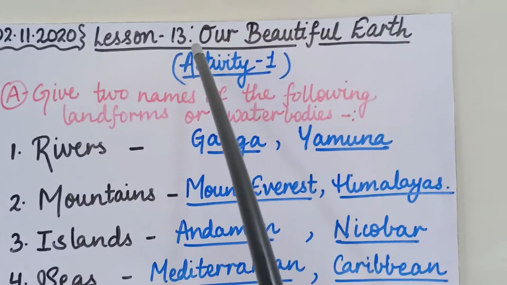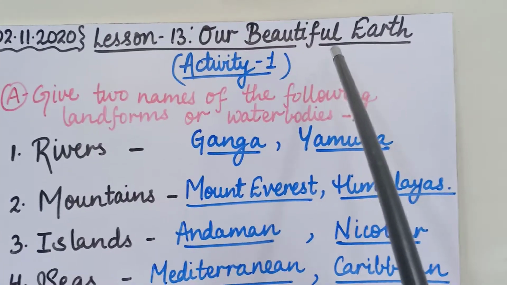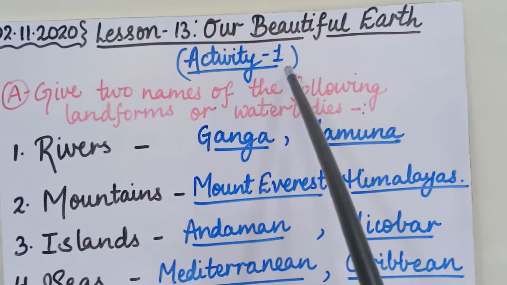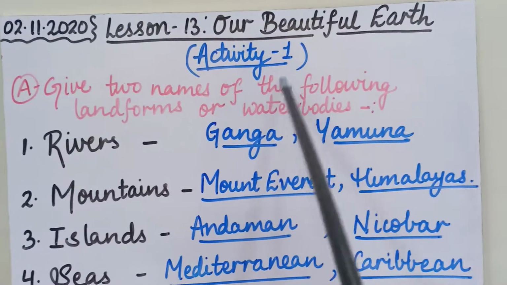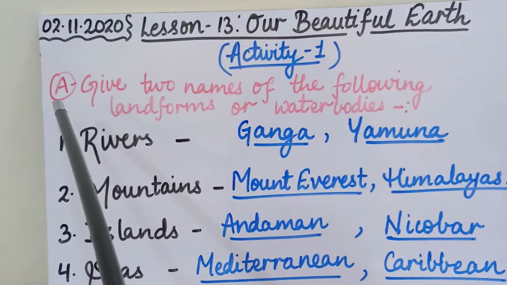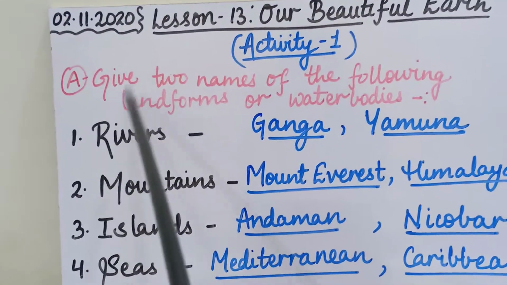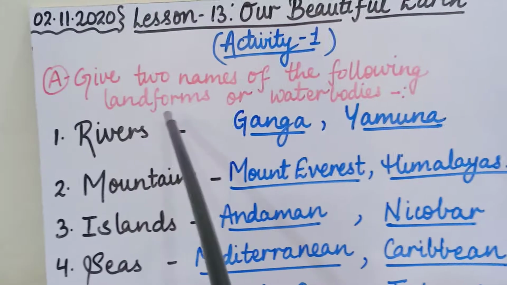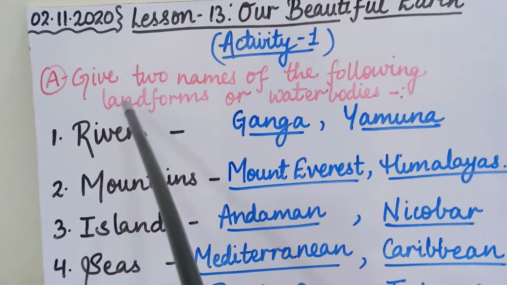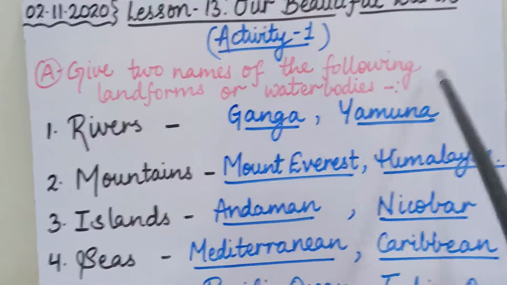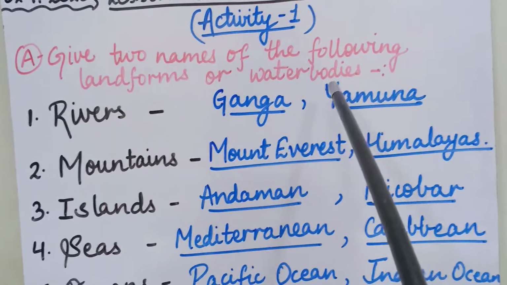You will again give the heading lesson number 13, Our Beautiful Earth, subheading activity 1. Then in the next line you will write the question. Part A, give two names of the following landforms or water bodies.